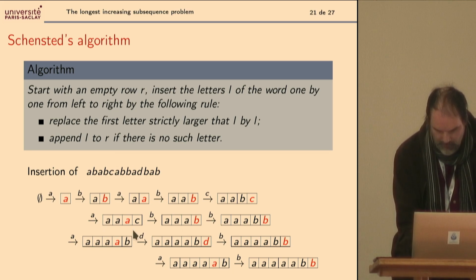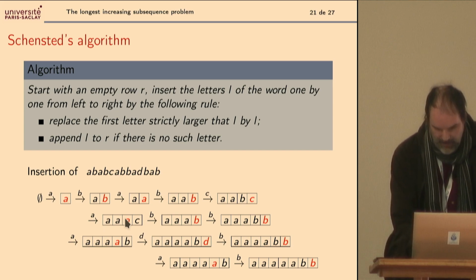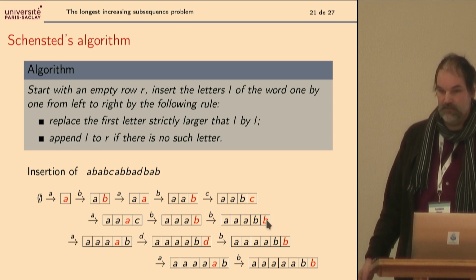So for example, if I have this tableau, A, B, C, and I want to insert A, the first letter which is larger than A is this B, and I'm just replacing it. And in this second rule, if I want to insert a B, there is no letter larger than B, so I'm just appending a B.